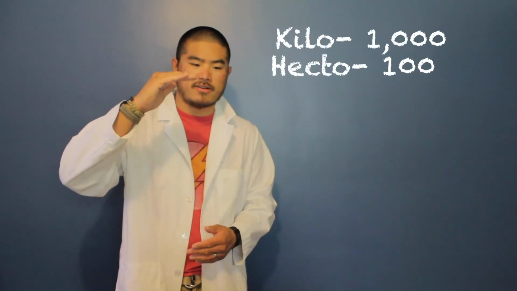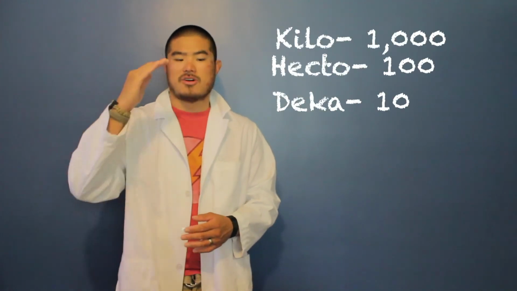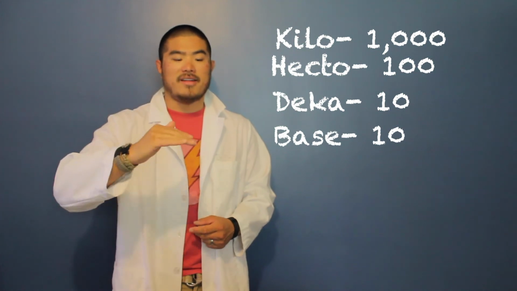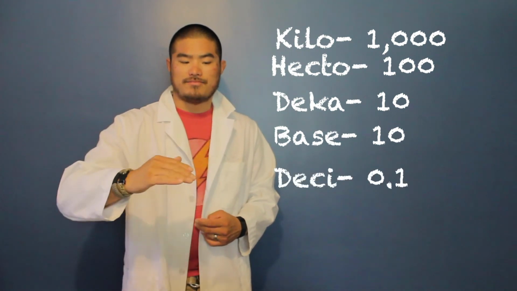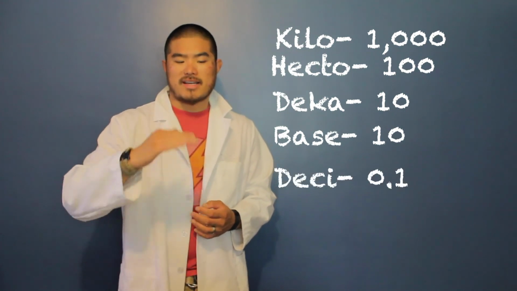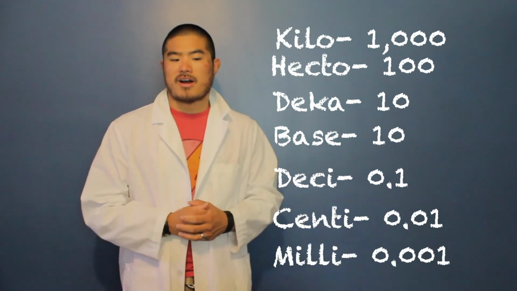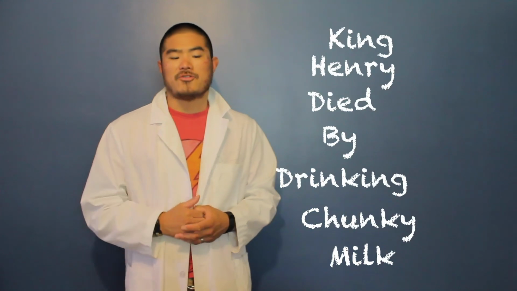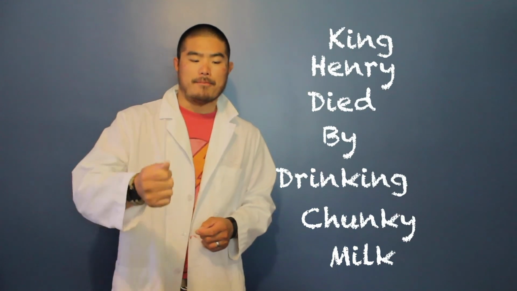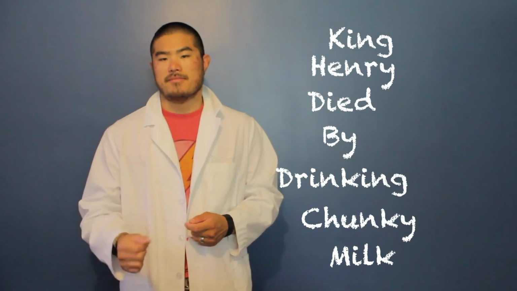So if you're having some trouble, especially with the order of all these prefixes, come up with that mnemonic device. Because it goes kilo, hecto, deca, let's just call it a base, and then deci, centi, and milli. A very common one is King Henry died by drinking chunky milk.